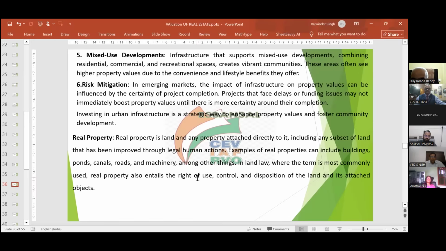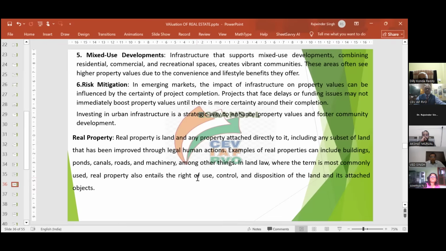Now, as a real estate valuer, you must know what is real property. So, real property is land or anything that is attached directly to it, including any subset of land that has been improved through legal human actions. That is called real property.